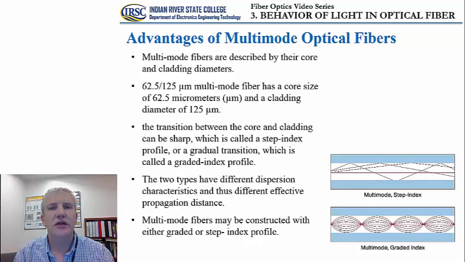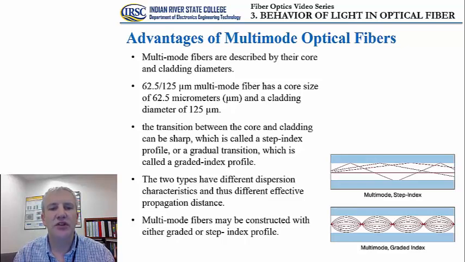Similar to the single-mode fibers, multi-mode fibers are also described by their core and cladding diameters. In this case, 62.5 micrometers is usually used as a core, and the cladding has a diameter of 125 micrometers. So you can compare these numbers, 62.5 micrometers as a core size in a multi-mode fiber, to the 8 to 10 micrometers core size of a single mode.